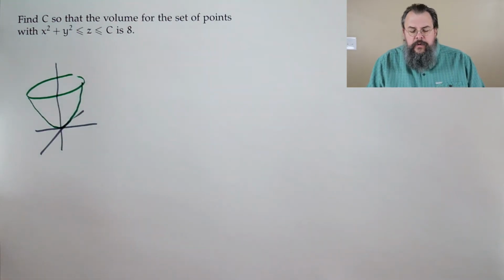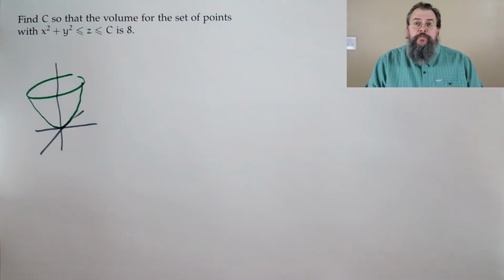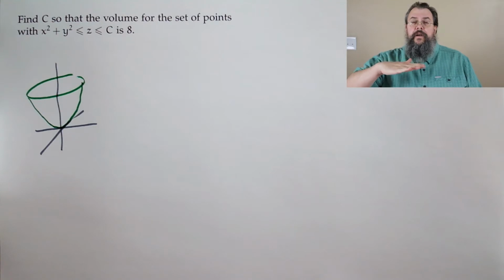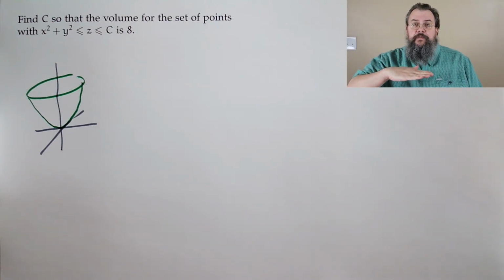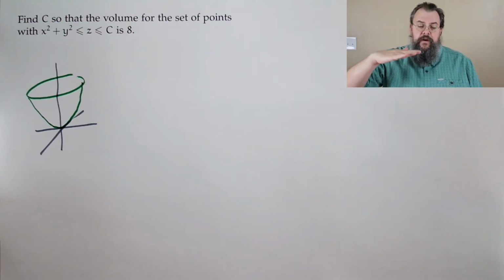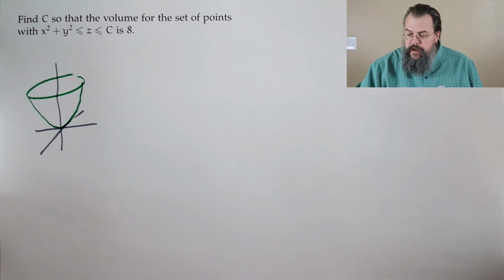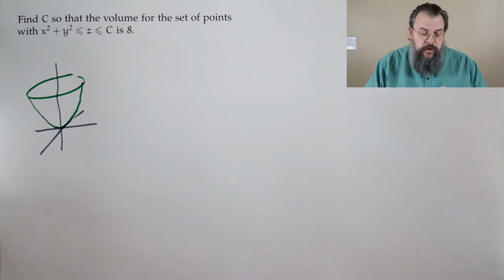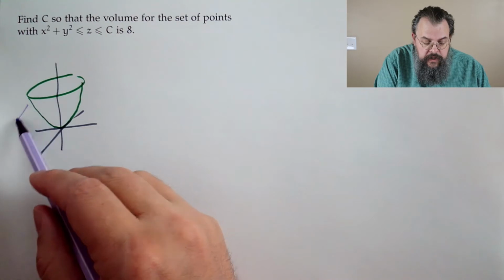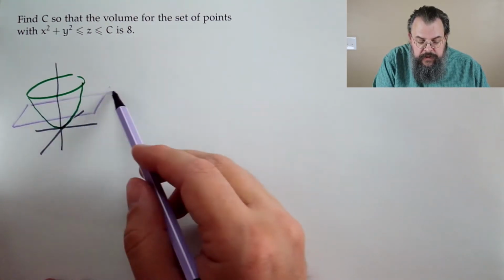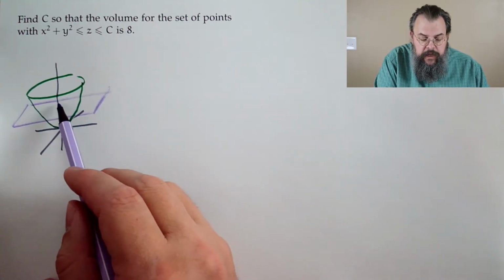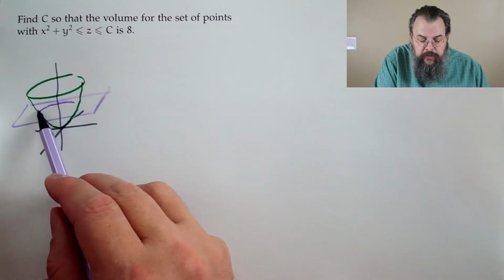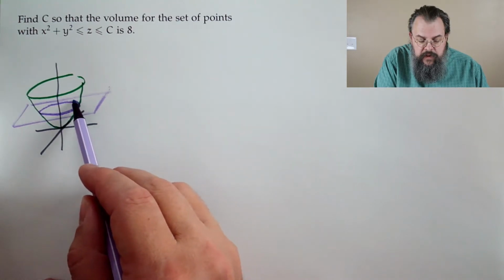And now, what is z equals c? Well, if I set z equals 0, that's the xy plane. Z equals c is just moving it up or down. So when we talk about z equals c, we're talking about a plane that's been shifted up some way. And you can imagine that it hits here.